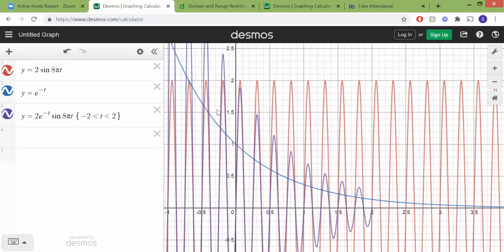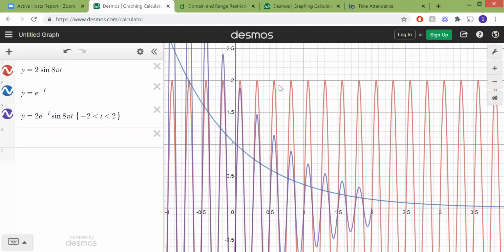That's this blue curve right here, which tends towards the x-axis. And then in purple, it's our damped harmonic motion formula. And here I stopped at +2. As you can see, the purple graph's amplitude does change. And the way we get that is you just multiply the simple harmonic motion formula with the exponential decay formula.